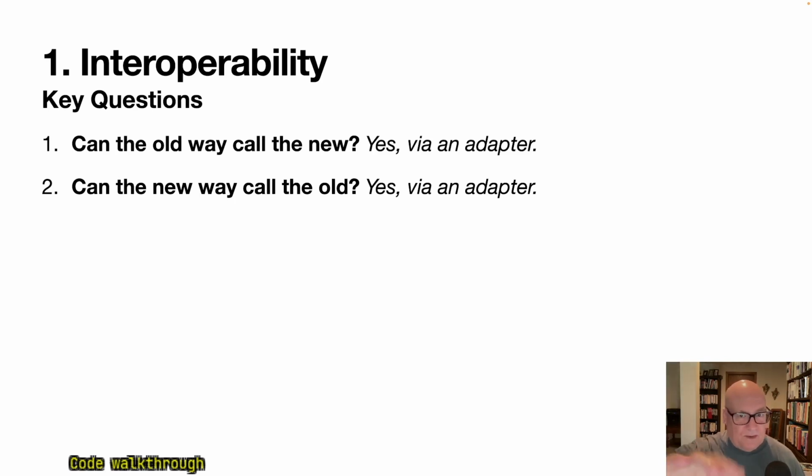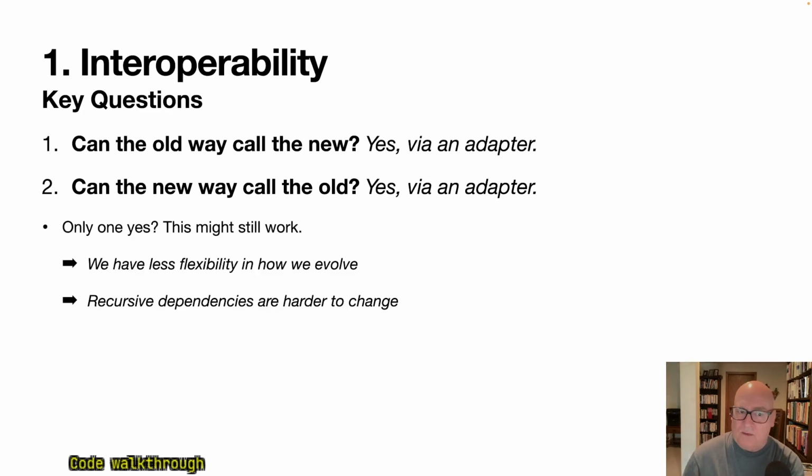They're both trying to accomplish the same thing: turn the tokens into a tree, and there's nothing inherently conflicting about them. Now, in general, however, you might have a case where the old way could call the new way, but the new way couldn't call the old way, or vice versa. And if that's the case, you don't have as much flexibility in where you start.